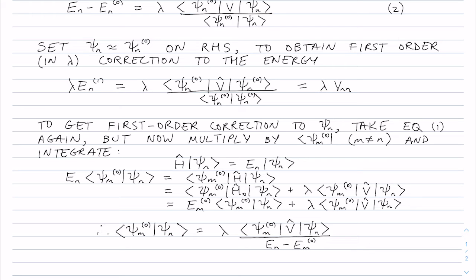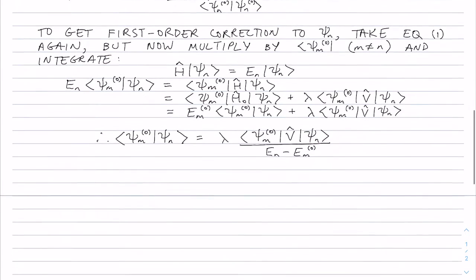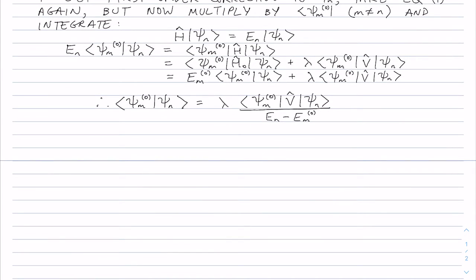So now we want to do our order by order expansion. So this is exact. Remember, this is exact. So now we're going to do our first order corrections in lambda. And so we're going to use our expansion that we did before.